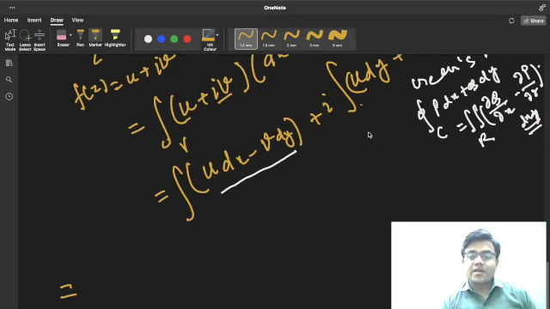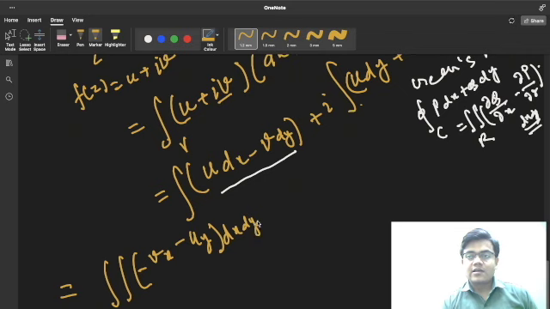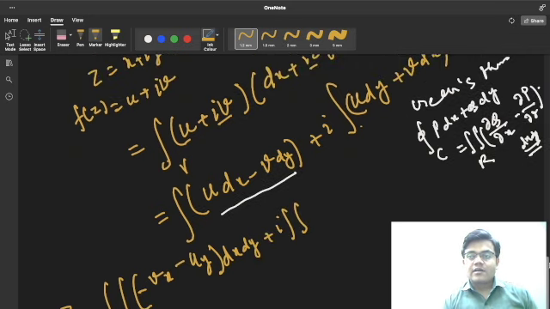Double integral, it will become minus del v by del x, so it will become minus vx, and minus del u by del y, so minus uy. Okay, and thereafter dx dy.